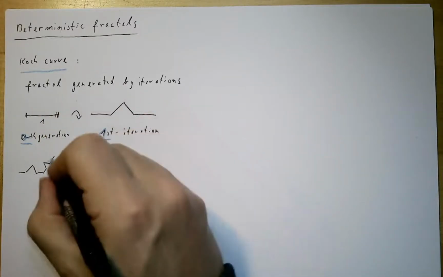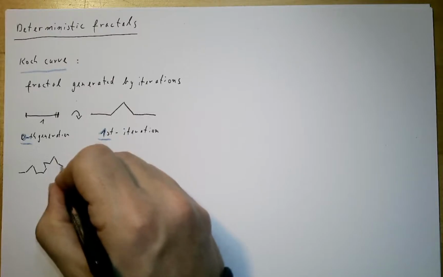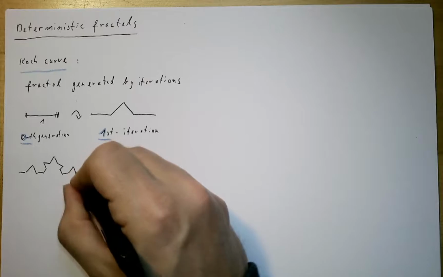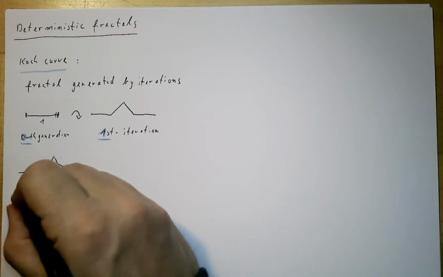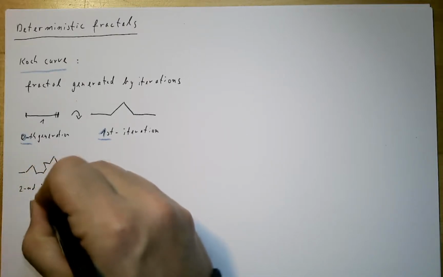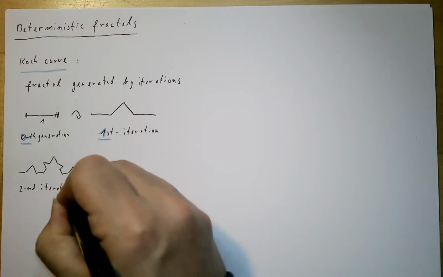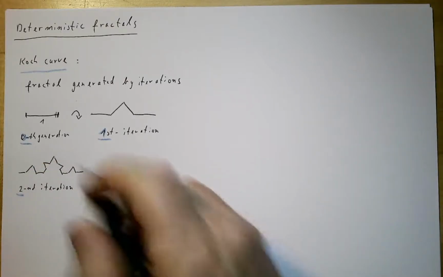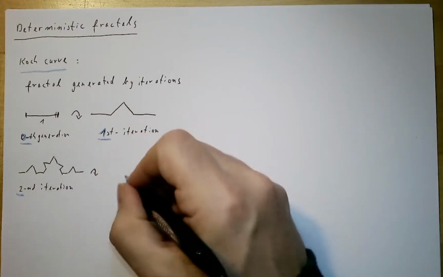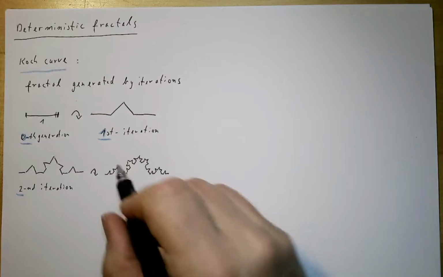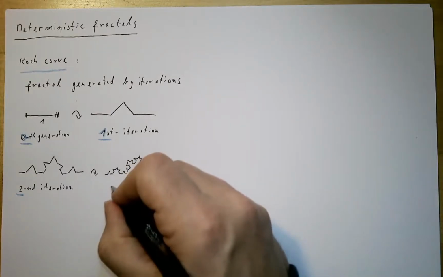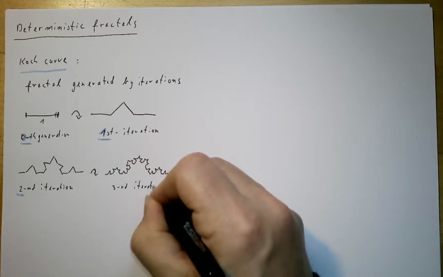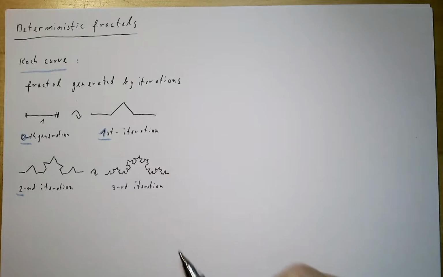Now we take this object, and then we take the last object. So this would be the 2nd iteration. Now we can see what's happening if we go to the 3rd iteration. And then we obtain an object like this. So that's the third iteration, and so on and so forth.